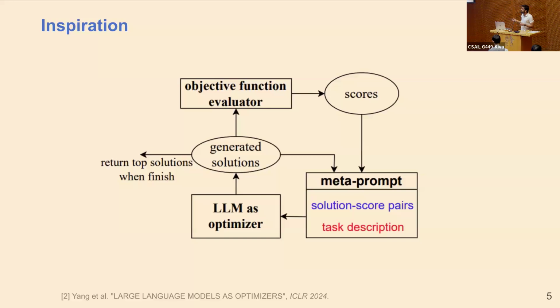Then you have these scores, and you meta prompt the LLM in a loop to enhance the accuracy on your held out, let's say, train set, right? So how can we directly apply this to vision language models?